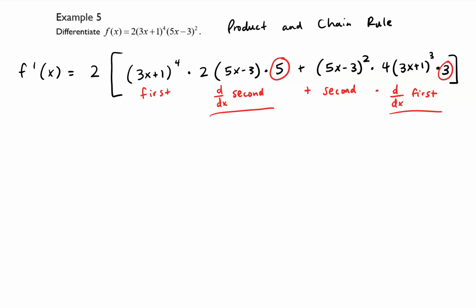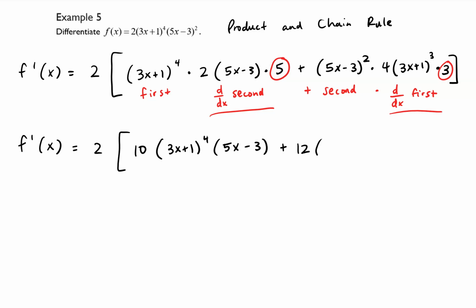And then maybe we can do some simplification here so our function's not so ugly. So we have 2 times 10, so I multiplied the 2 and the 5. And then here I can multiply the 4 and the 3, so I have 12 times.